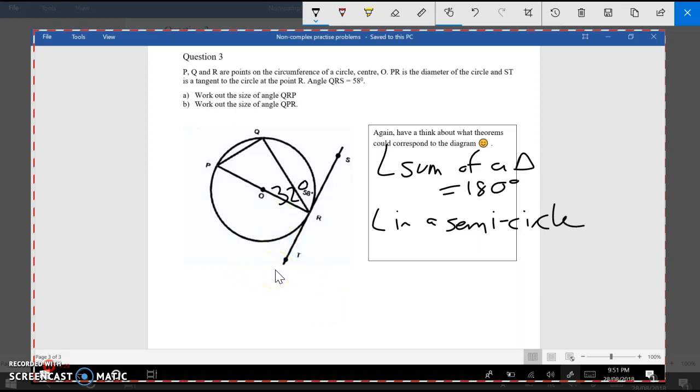So therefore I know that angle RQP equals 90 degrees. I'm going to call that angle in a semicircle.